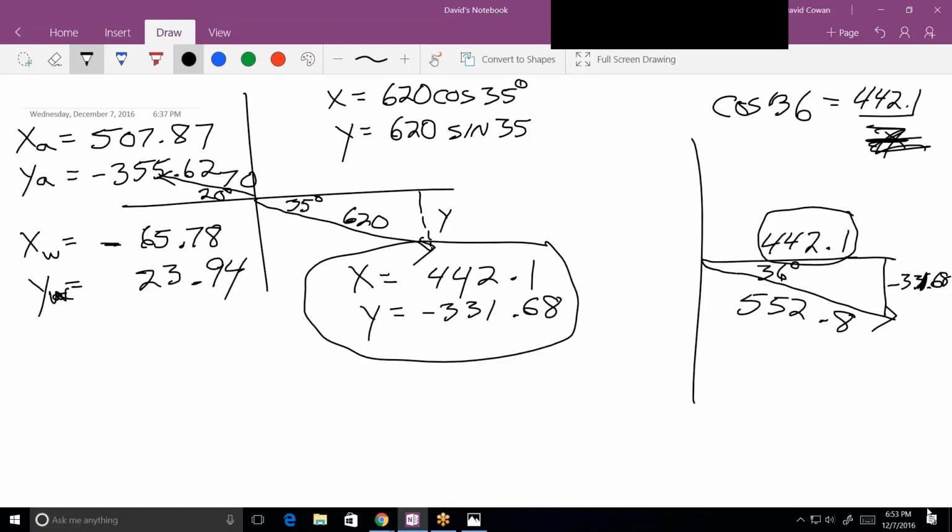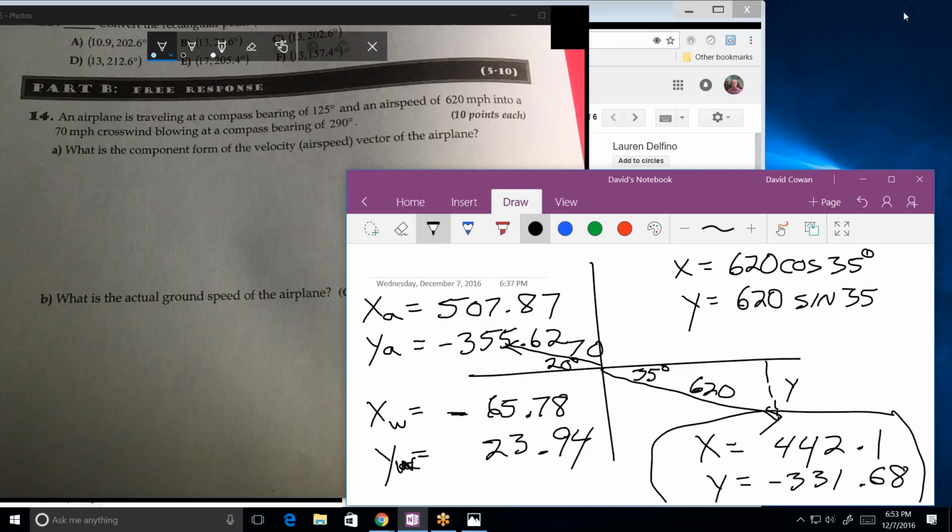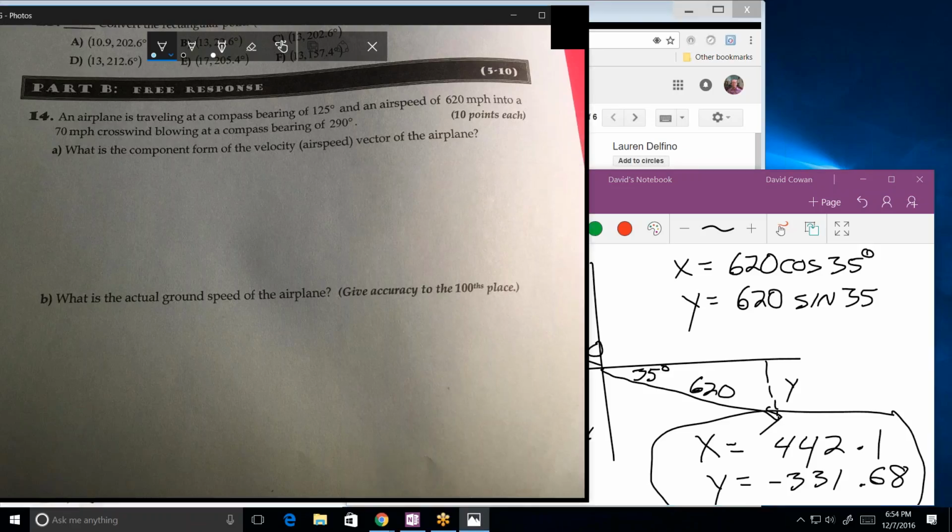Okay, so I have a question. So is the answer then the 552.8? No, the answer is actually to A. It wanted the component of the final thing. In other words, what is the component form of the velocity vector of the airplane? Well, let me look at question B and maybe that'll clarify it. What is the actual ground speed of the airplane?